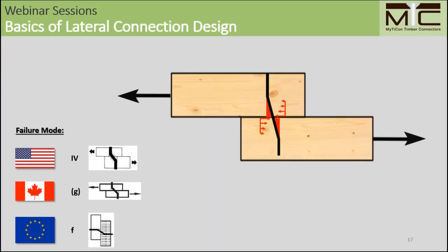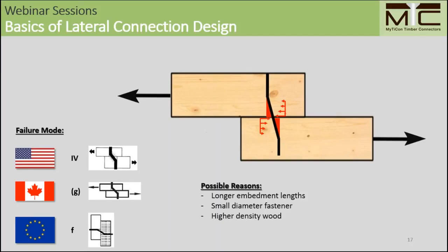This failure mode is considered to be the most economical, the best failure mode to be targeted, as both materials are exploited to the maximum amount possible. So the fastener is exploited by the bending strength and the wood itself is exploited through the crushing resistance. So here the reasons are relatively long embedment length and small diameter fasteners to achieve this very ductile failure mode.